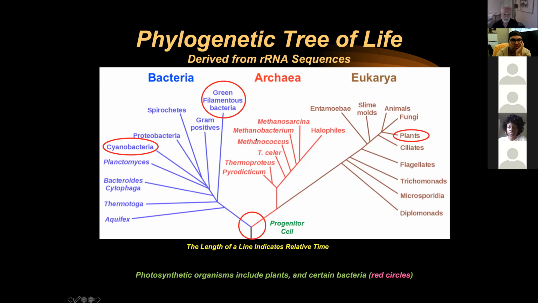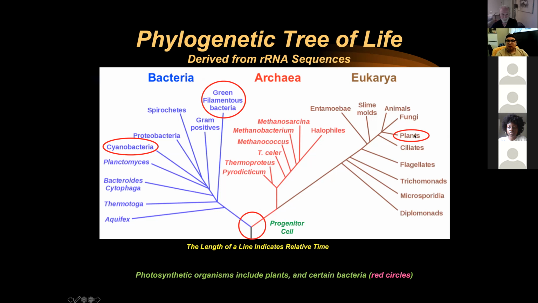Methanophiles produce methane. Thermophiles like it hot. And you notice that on the right, the organisms that we are most familiar with are a tiny fraction of the tree of life, the animals, plants, and fungi.